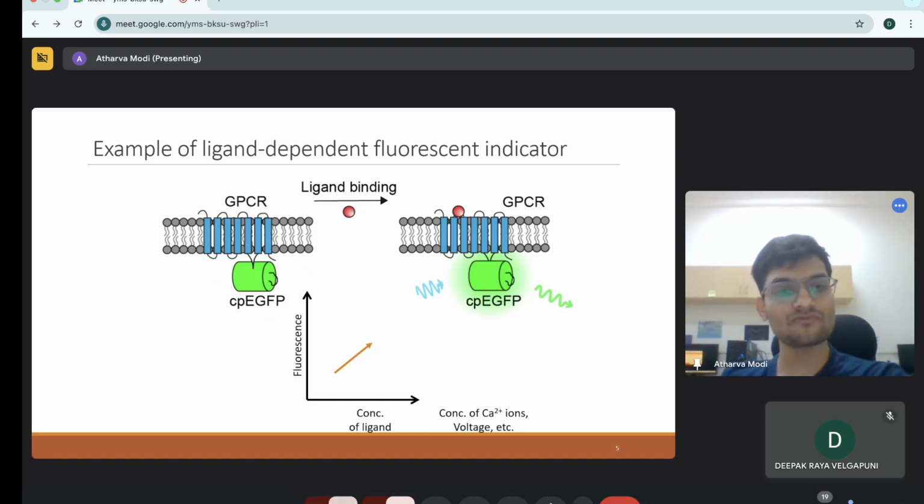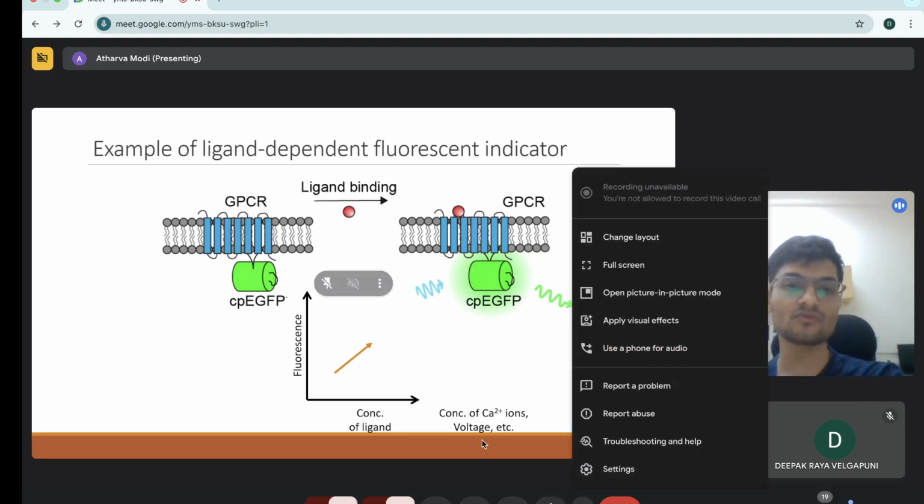This is a fluorescent indicator biosensor, right? You need not express it on the membrane first of all. It can also be expressed in the axons or synapses or anywhere in the cell. If you want to measure, let's say, the concentration of dopamine at the synapse, you want this protein to express at the synapse and not in the cell body.